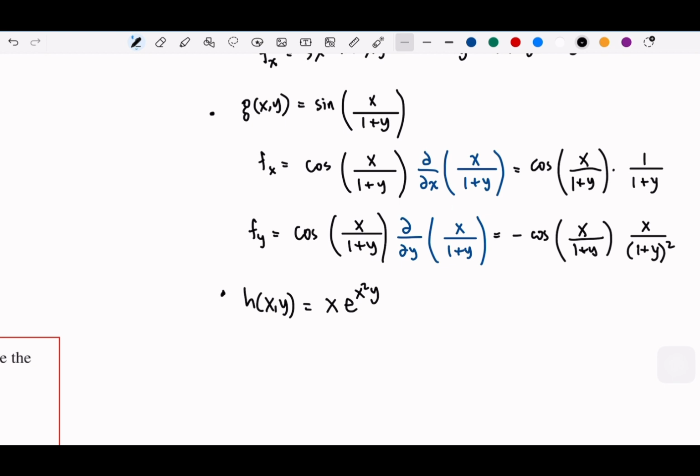I will write the complete question that you need to compute. Evaluate partial x, partial y at a certain point that we decide, this will be 1, ln 2. So for each x and y.